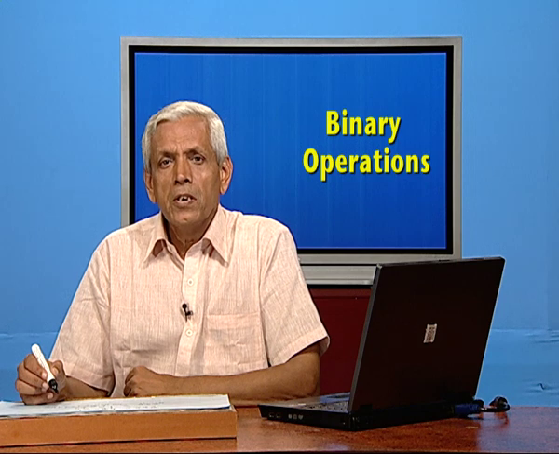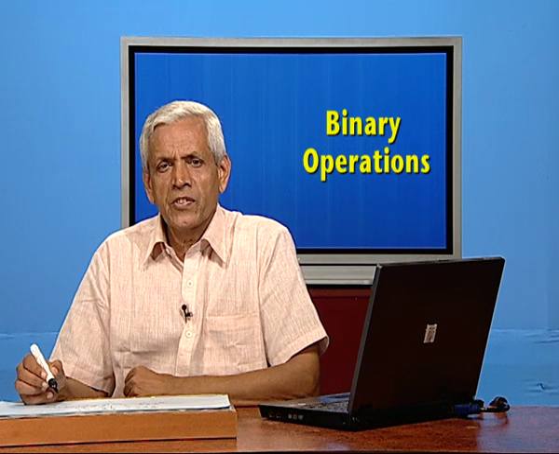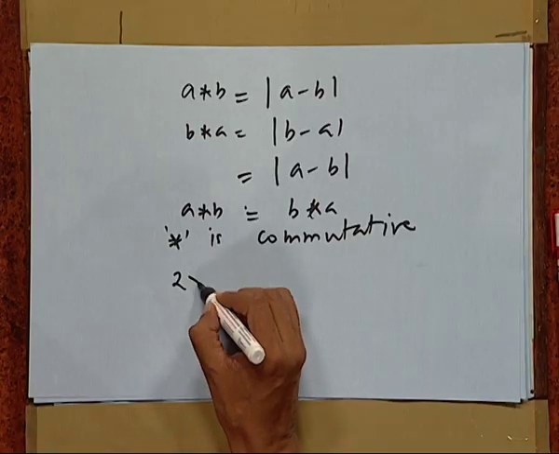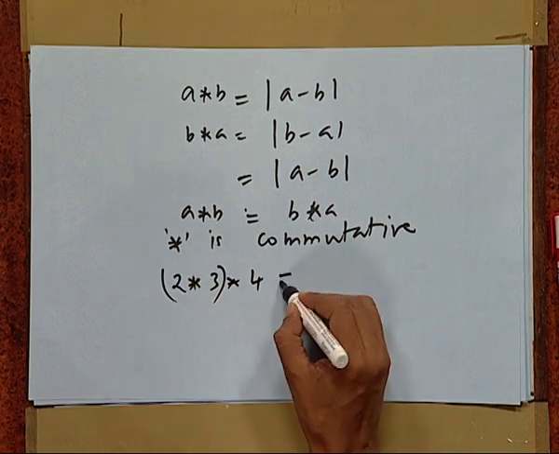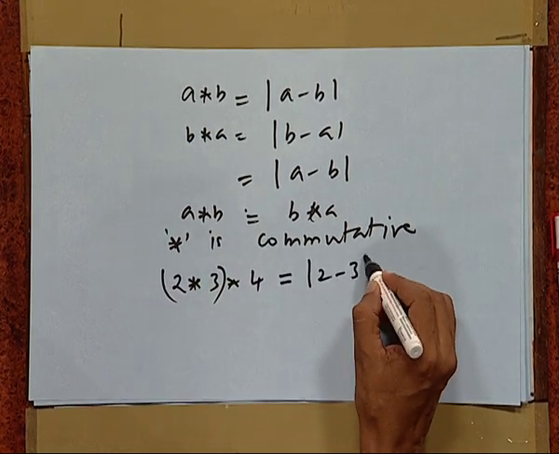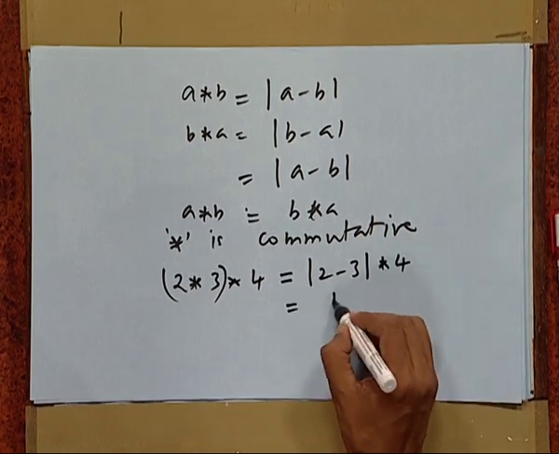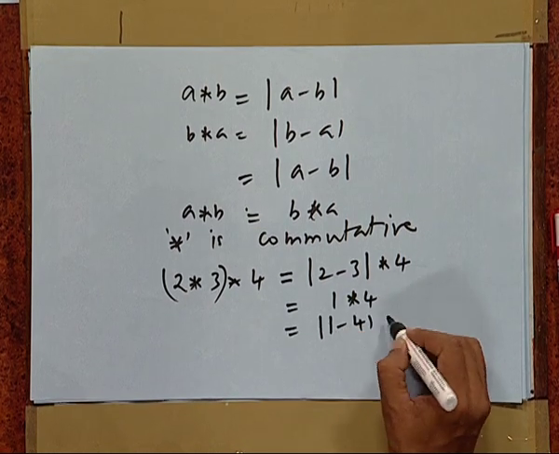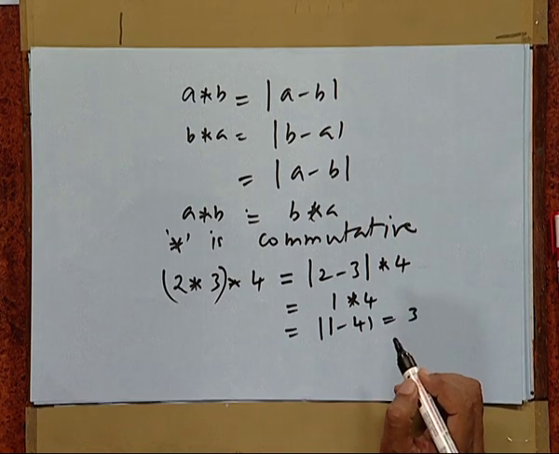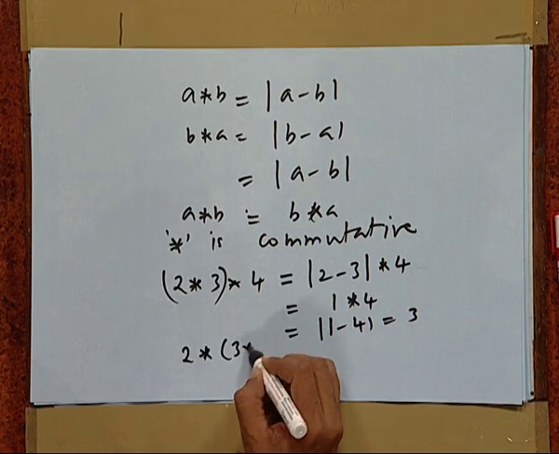Now, we have to show that star is not associative. For that, we will search for a counter example. Let us take 2 star 3 star 4. Taking (2 star 3) star 4, this is mod 2 minus 3 star 4, that is 1 star 4, that is mod 1 minus 4, that is 3. Now take 2 star (3 star 4).